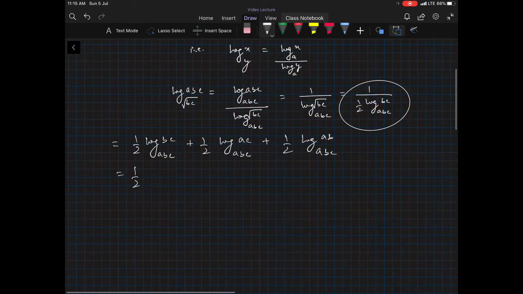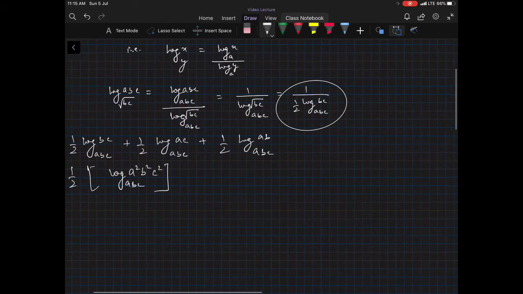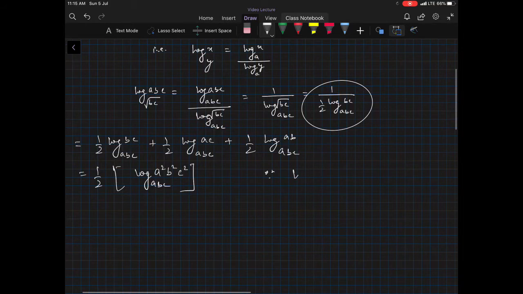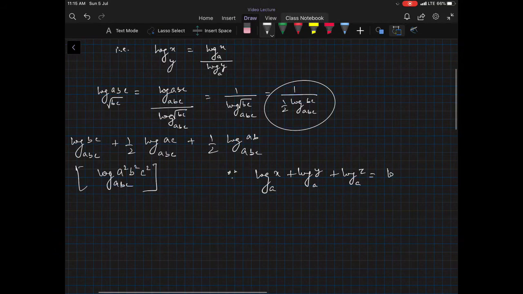Take half common, and since the base is the same, we can multiply: log abc base abc of bc into ac into ab, that is a square b square c square. Here we applied the rule: log of x base a plus log of y base a plus log of z base a is equal to log of xyz base a, since the base is the same and the terms get multiplied.